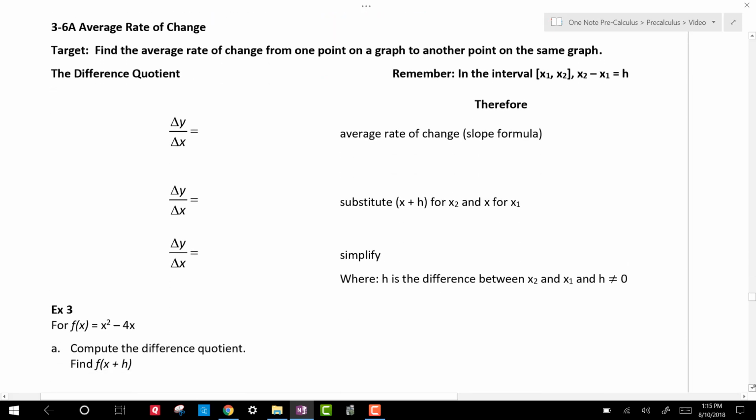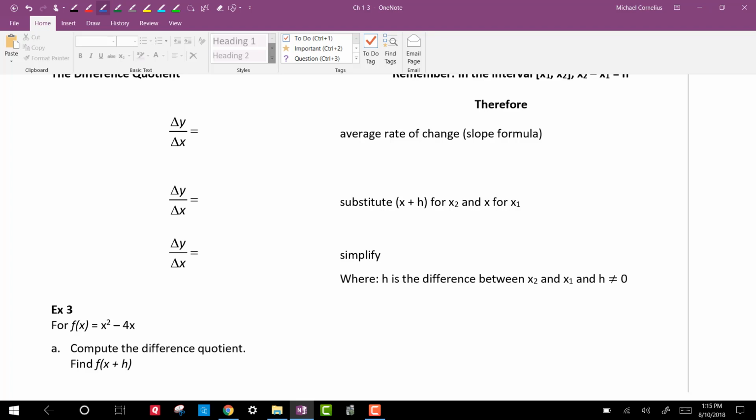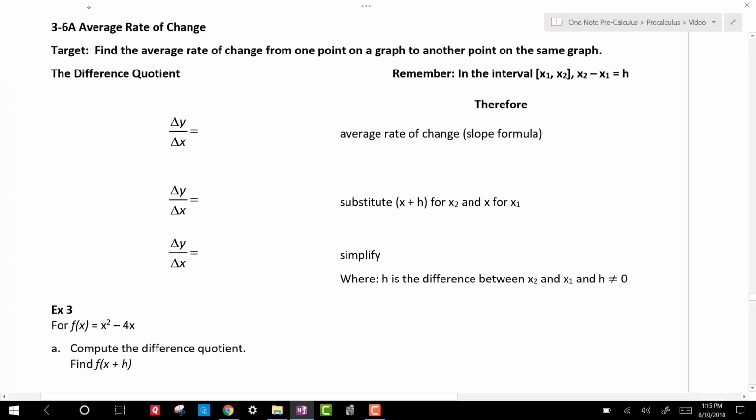Because this is where it gets a little bit trickier, but it's still not that bad, as long as you understand what the difference in the interval means and how to plug something into a function. You're going to see some new notation here today. If you see this little triangle y over triangle x, this really isn't called that.